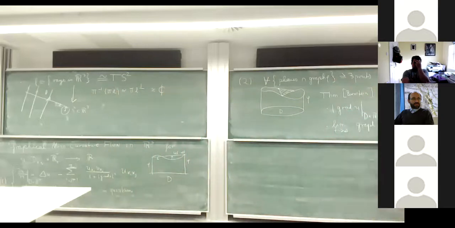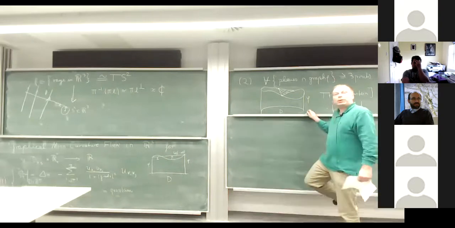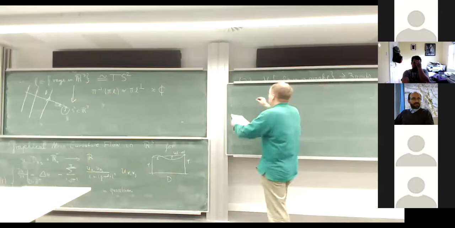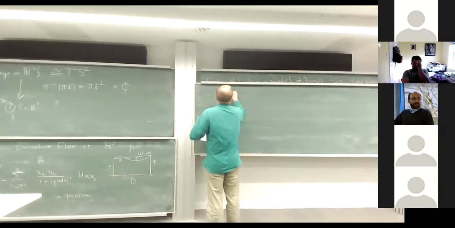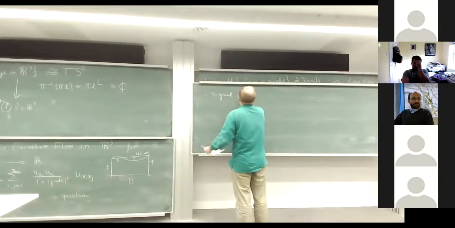Now, crucially, we have a distance on this space, a metric, if you wish. And the distance is as follows. It's a signed distance. And that's an angular momentum.